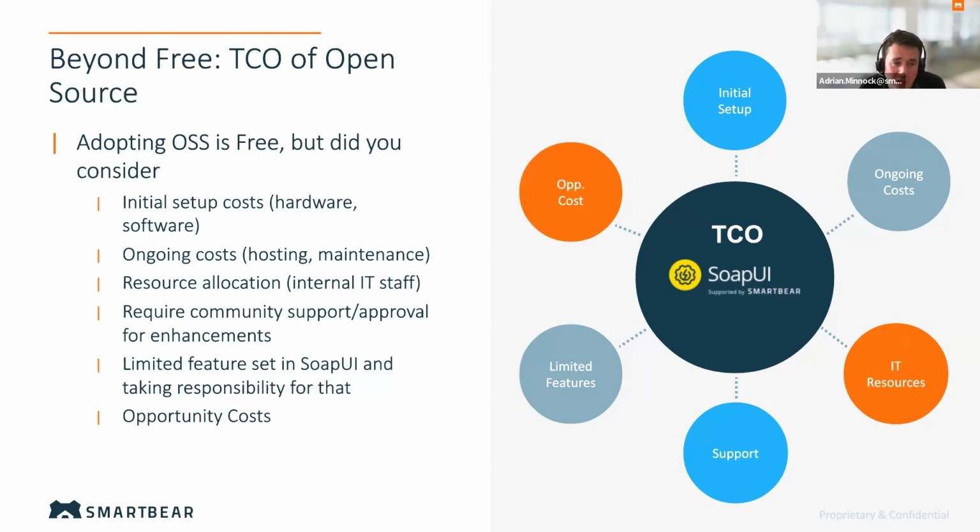And then the resource allocation. The resource allocation is to me one of the key elements here. So internal IT staff: who's going to be the one setting it up, who's going to be the one using the likes of SoapUI to create and run the API tests, set up the projects, and maintain those projects as well, because as APIs grow, there are new versions, maybe different protocols.